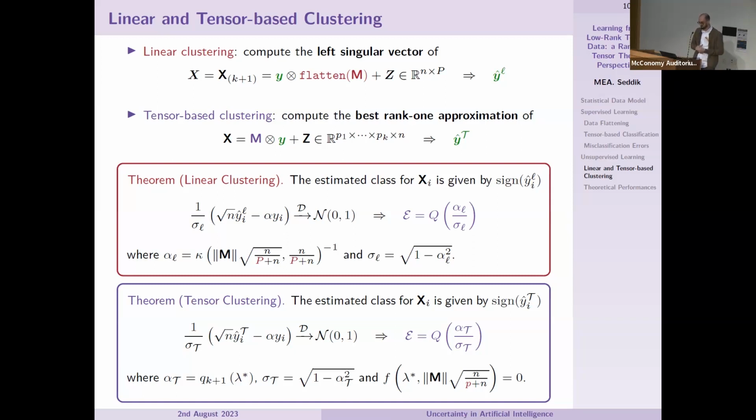Here again, we see that the performance of the linear clustering will depend on this BP, which is the product of the dimensions, and which makes the classification accuracy poor as the dimension grows to infinity. While in the tensor case, we don't have this big P effect appearing in theory.